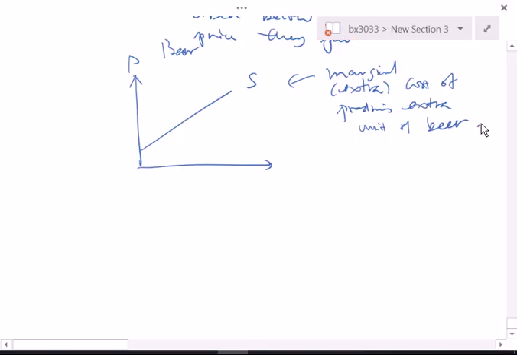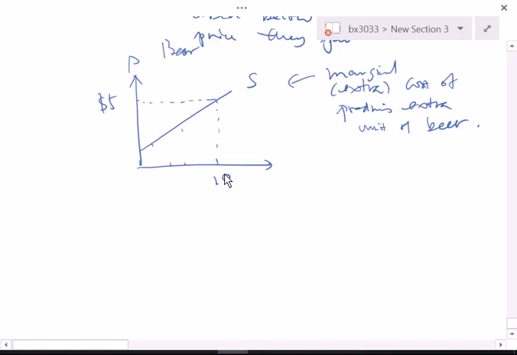For example, for the first unit, the extra cost is this many. Second unit, the extra cost is this many. Third unit, the extra cost is this many. So on and so forth. Suppose the price of beer is $5 and the quantity is 10.